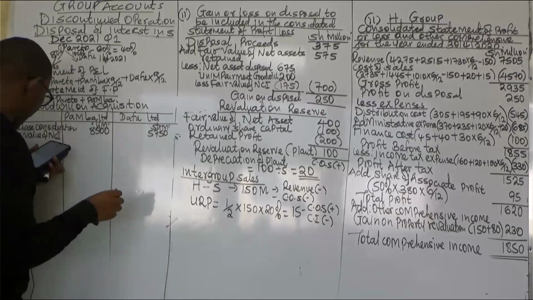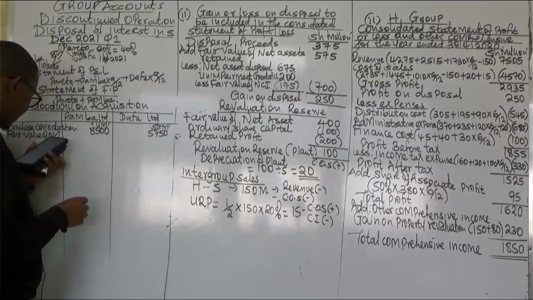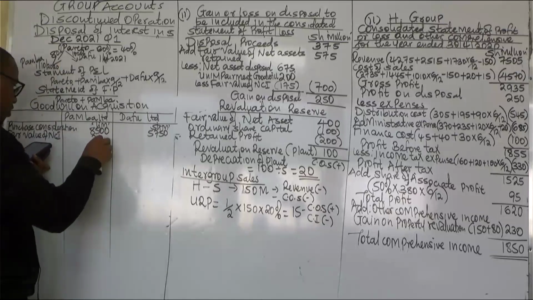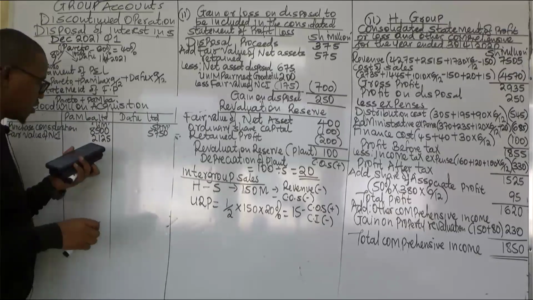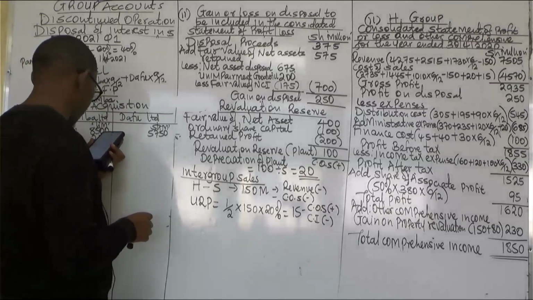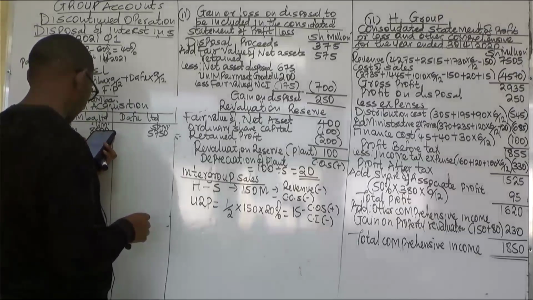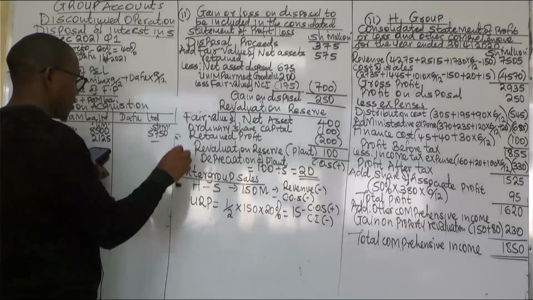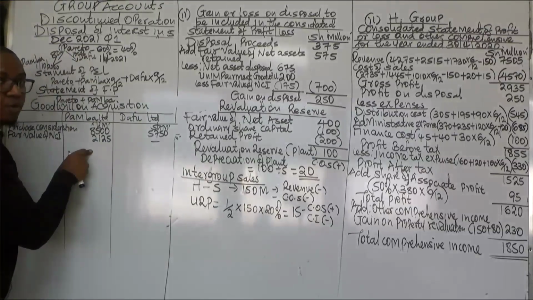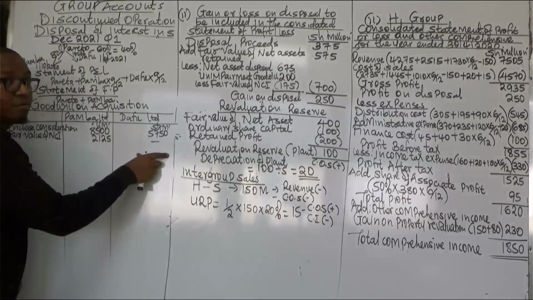What was the fair value of NCI for Pamba Limited? On additional information number 2, it was 2125. This other one was of how much? Their value for this one was... So now here I will use the full goodwill. Here I'm using the partial goodwill.